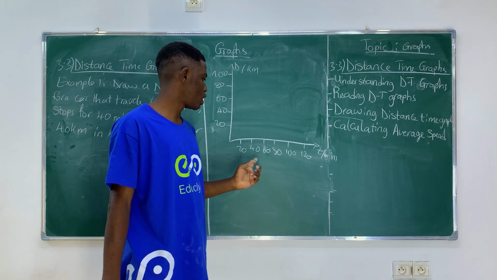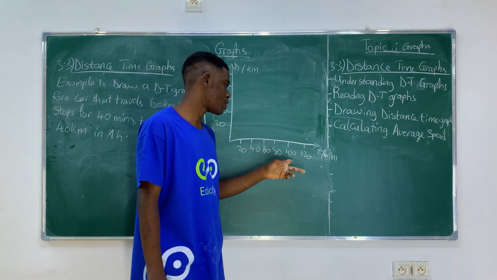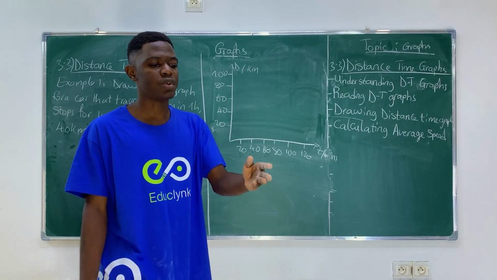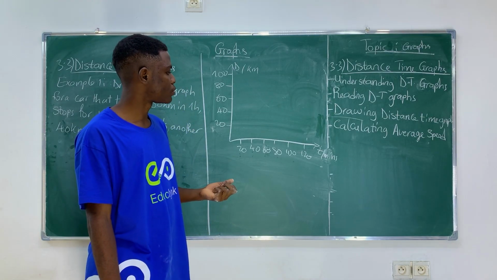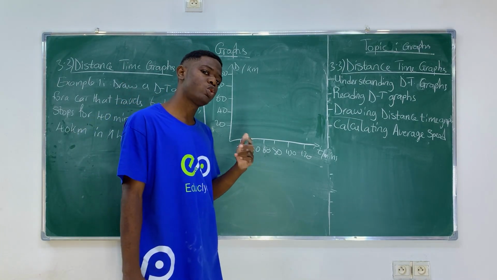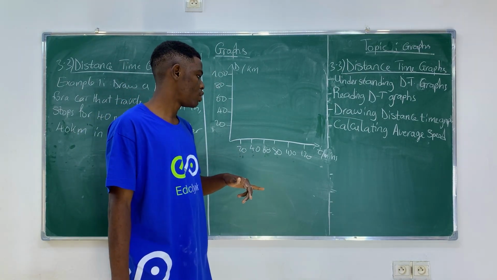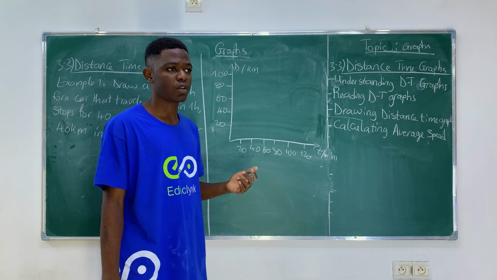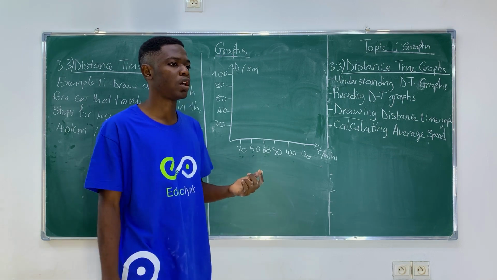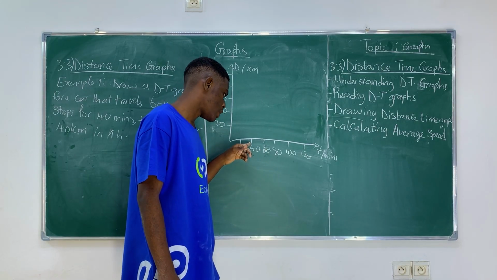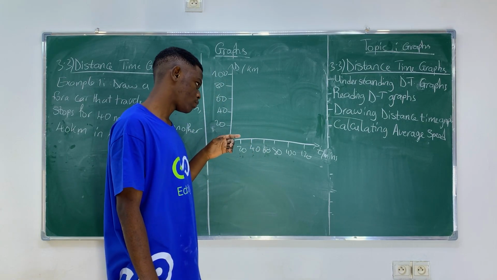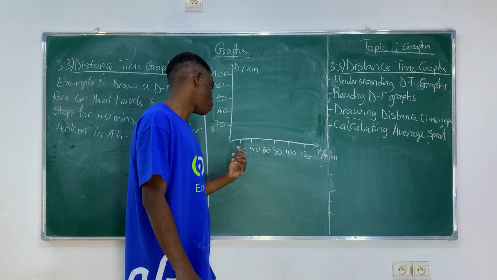If I use 1 hour, 2 hours, 3 hours, I'll not be able to represent the person stopping for 40 minutes. So I use 20 minutes so that I can see 40, and it's also a multiple of 1 hour. I can represent 1 hour here, and I can also represent 40 minutes here. That's why I use 20 minutes.